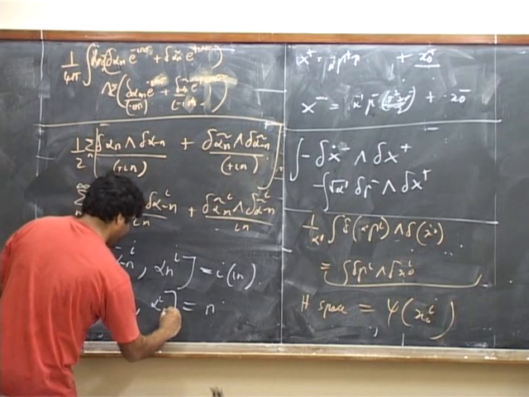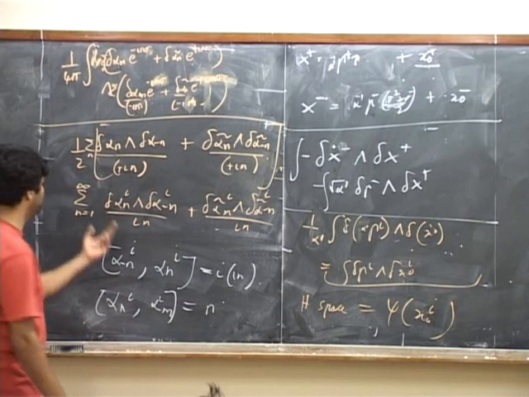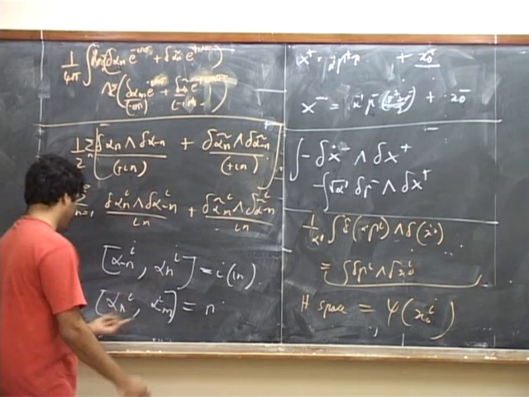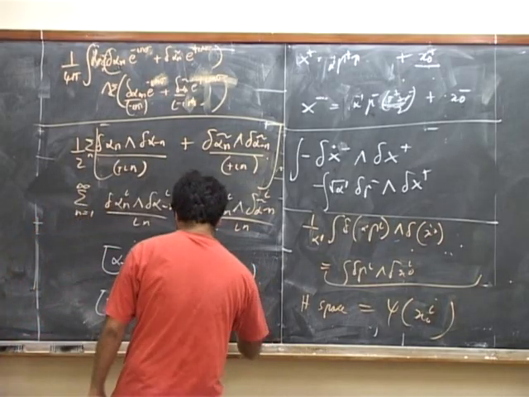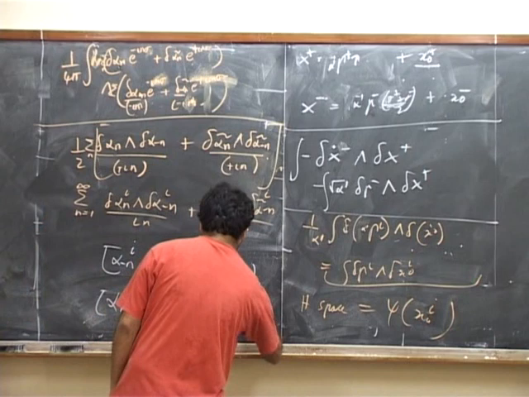In fact, if I made this more general, of course there are only commutators between alphas with the same n, or alphas with the same i. So I can write this more generally as n delta n delta ij.